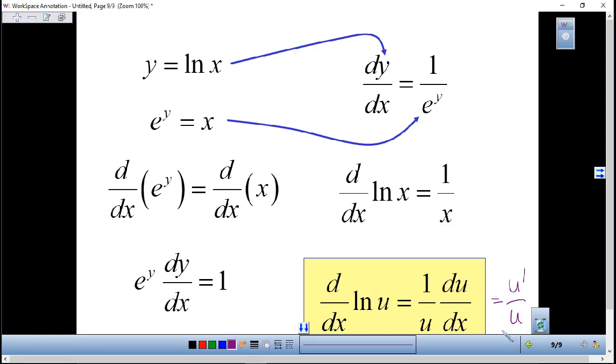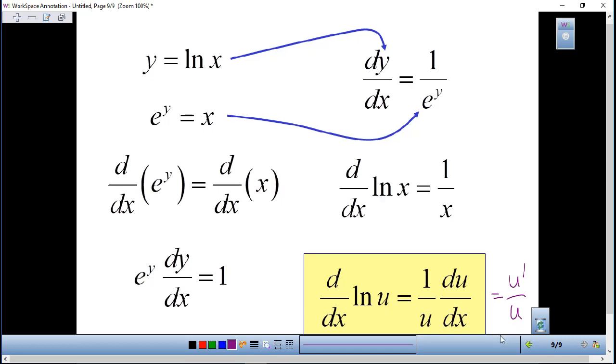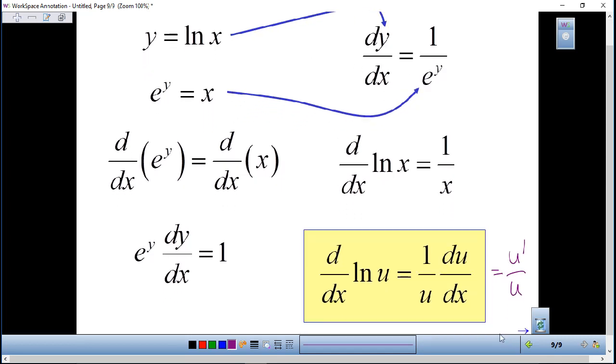Guys, one of the things that you're going to find, especially when we get into the integration part, the anti-differentiation where you're doing these backwards, you're going to think 1 over anything is a natural log. Well, it's not. It has to be the derivative of whatever's on the bottom on top, or it's not a natural log.